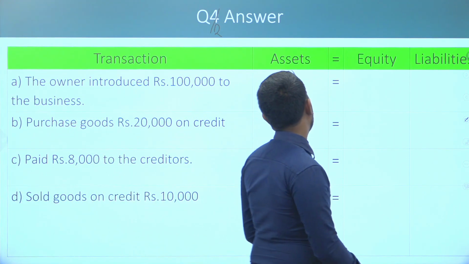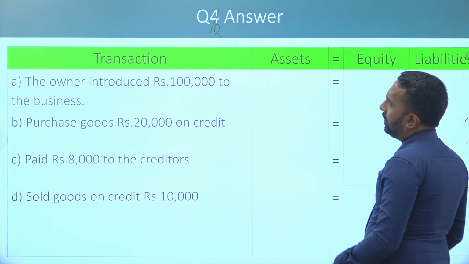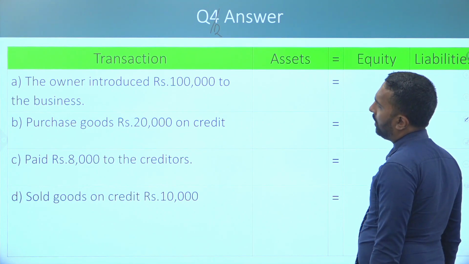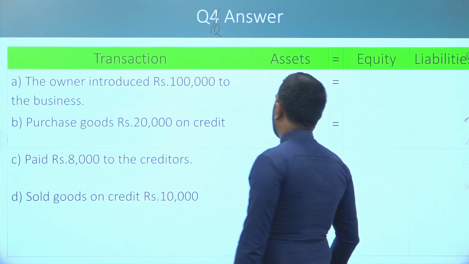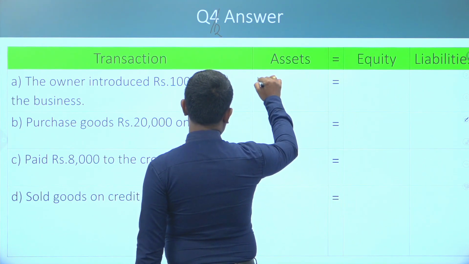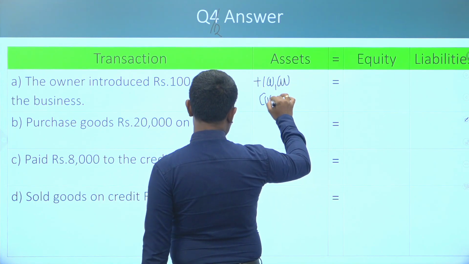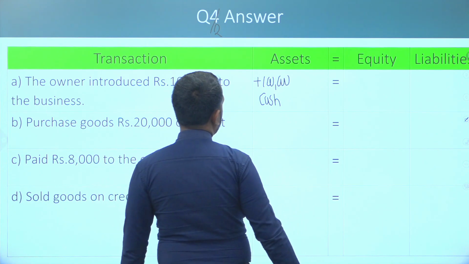We'll see. The owner introduced rupees 100,000 to the business. අයිතිකාරයා business එකට ලක්ෂයක් දාලා තියෙනවා. So what will happen? 100,000 will increase an asset called cash. සල්ලි කියන වත්කම් වැඩි වුණා ලක්ෂයක්.